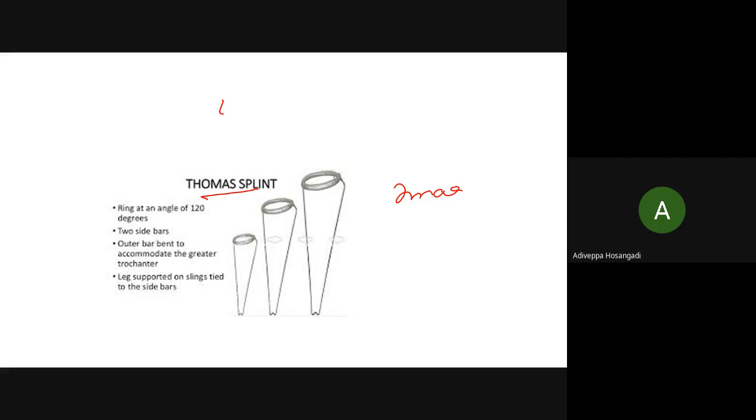Thomas splint has a ring. Thomas splint was devised by H.O. Thomas, Hugh Owen Thomas. Please don't bother about the expansion. This is used for fracture shaft femur immobilization.